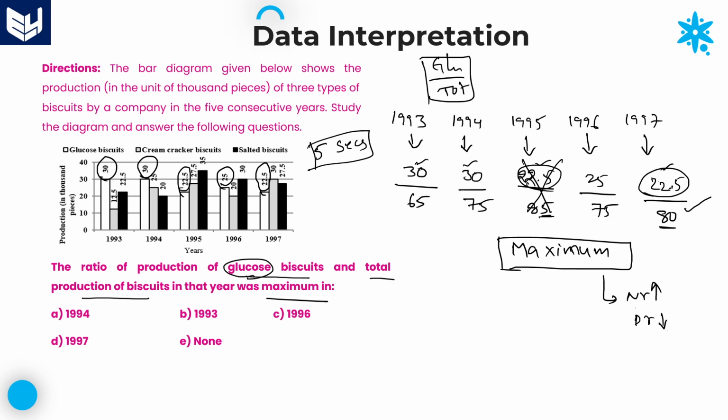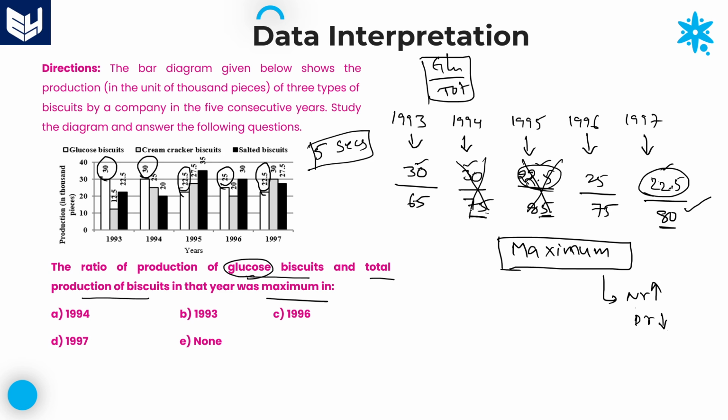Next, I will compare 93 and 94, because here also the numerator values are the same. Now, compare the denominator values. The denominator value is maximum for 75 among these 2 years, so I can eliminate the year 1994 as well. Because the denominator is maximum, I will get the minimum value for 94 compared with 93. So two values are eliminated.